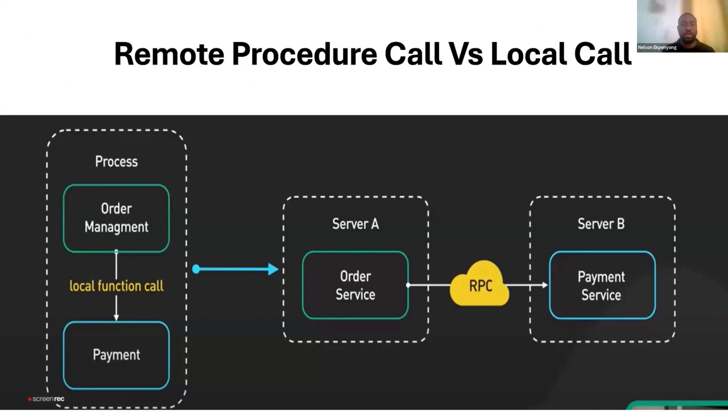So the diagram on the right is, so right now the order service is on a server A, and the payment service is on another server B. So RPC enables the communication between servers A and B. In this case, what is happening is that the order service is able to remotely call a function on server B.